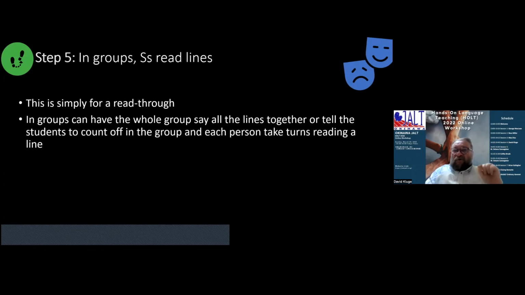You can have the whole group say all the lines together, or tell the students to count off in the group, and each person then takes turns reading a line. First, student number one reads line number 1, student number 2 reads line number 2, and so on, and keep on rotating until they finish the lyrics.